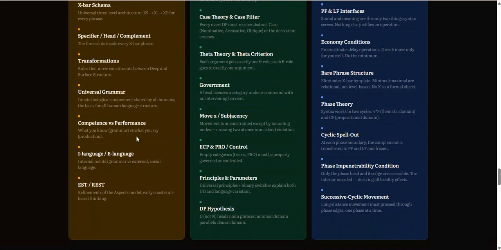Then competence and performance, which is what you know, grammar, versus what you say, production. Then I-language and E-language. I-language is internal mental grammar versus E-language, which is external social language. Then the last concept here is EST and REST, refinement of the Aspects model.